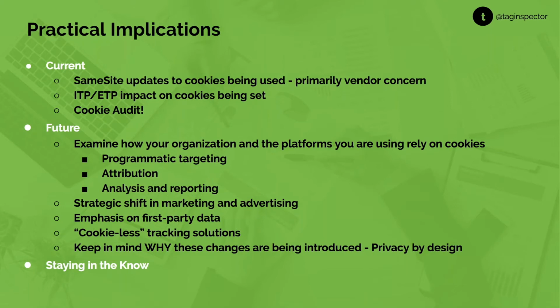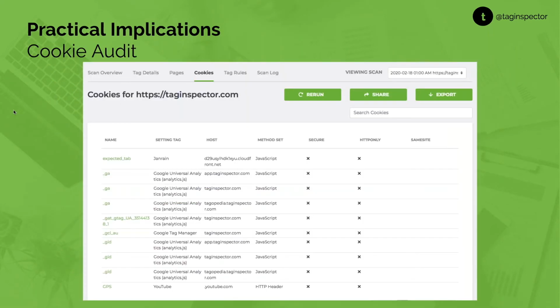So what can we do currently to understand what platforms might be impacted on our website, and who are the potential partners that we need to reach out to, to say, hey, are you updating your cookies, and can you maintain the current functionality that you now enjoy? One of those things is a cookie audit.